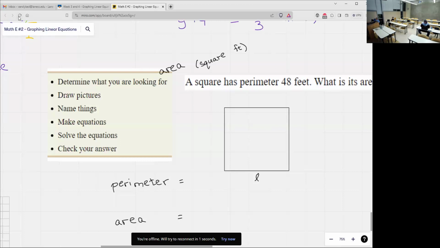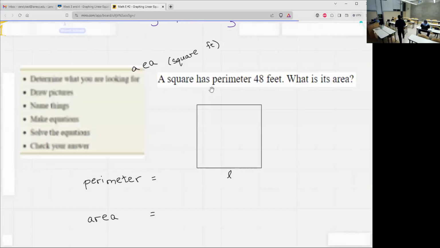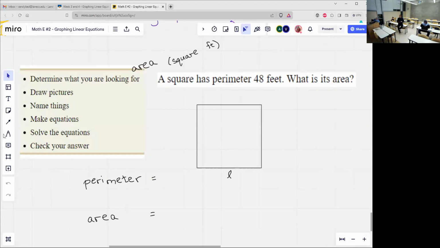Yeah, it says I'm offline now too, trying to reconnect. Oh, connection restored for me. Okay, go Miro.